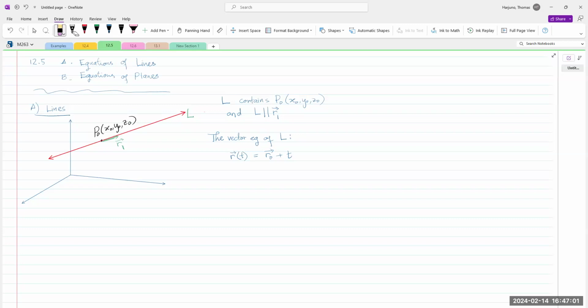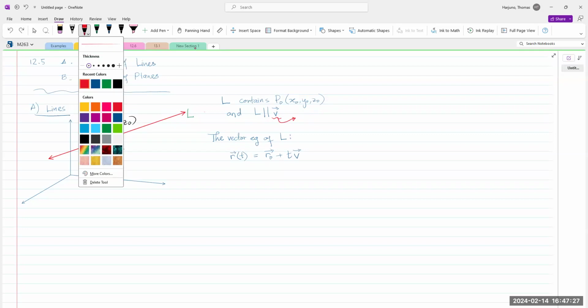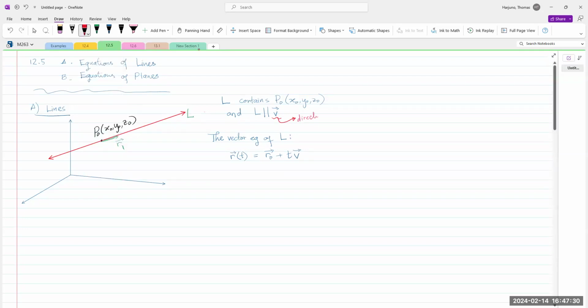Instead of using r1, let me use v, vector v. We call this vector v the direction vector, and r naught is the position vector of that coordinate.